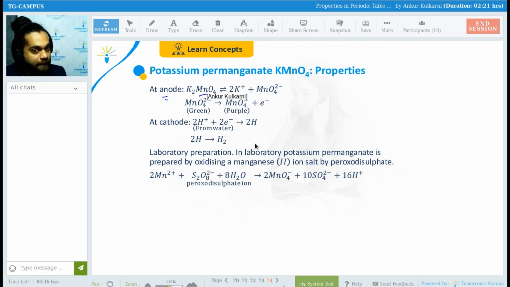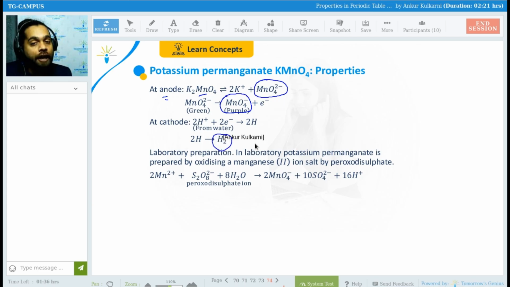So again I'll take that manganate. If I do the electrolytic reaction, what will happen? In the cell, your MnO4 2 minus will go to the anode, MnO4 minus will be formed at the anode as oxidation will occur, and at the cathode hydrogen gas will be released.